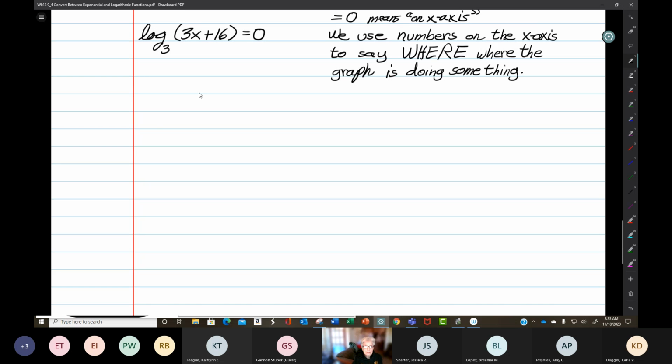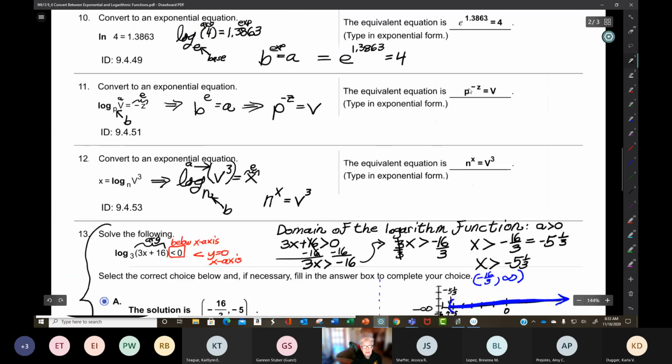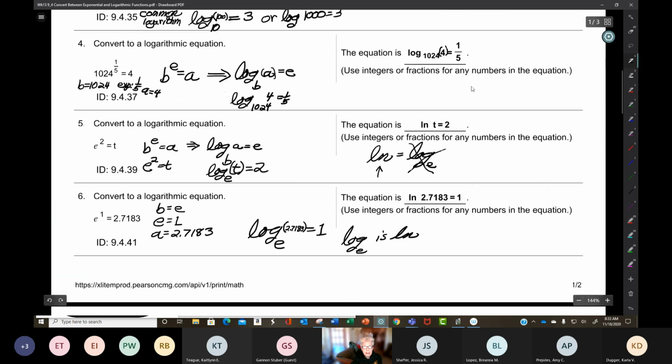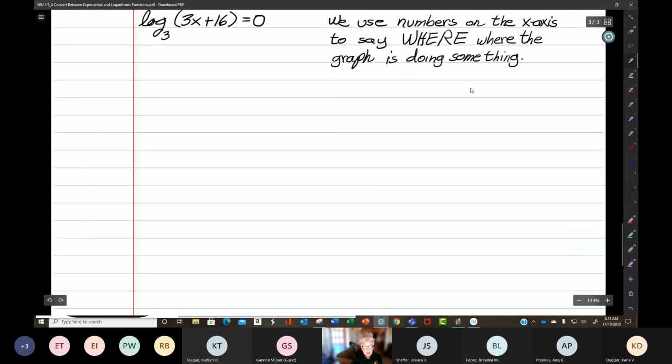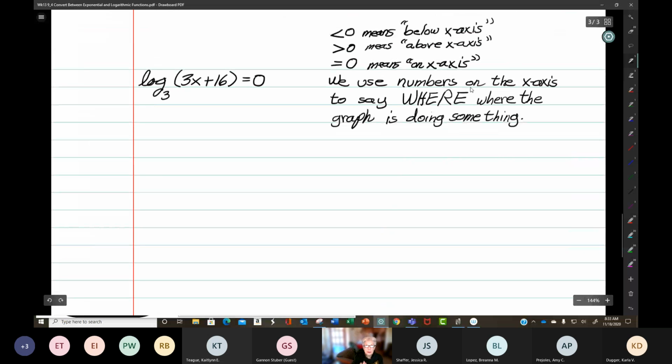All right, now I'm going to part company with the question help here, because we have just spent all of this time learning how to change from exponential to logarithmic functions and from logarithmic functions to exponential functions, or at least I should say equations.